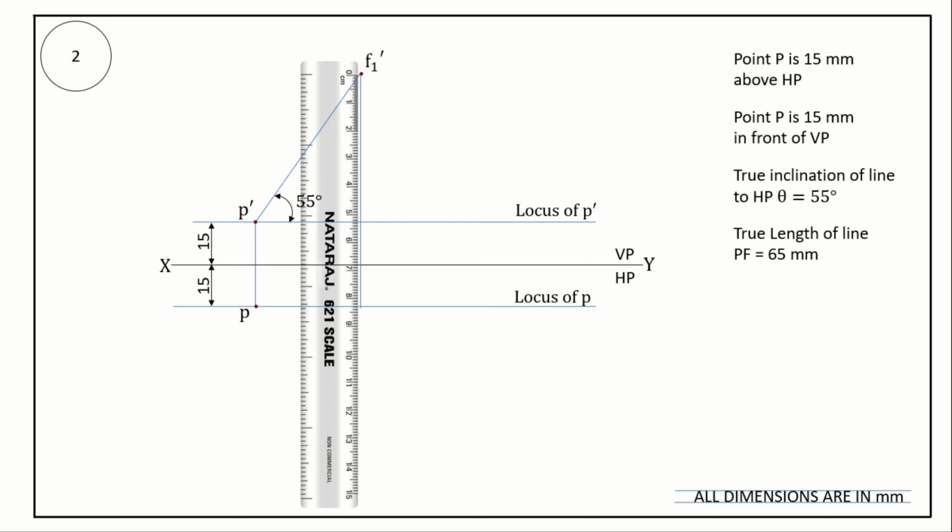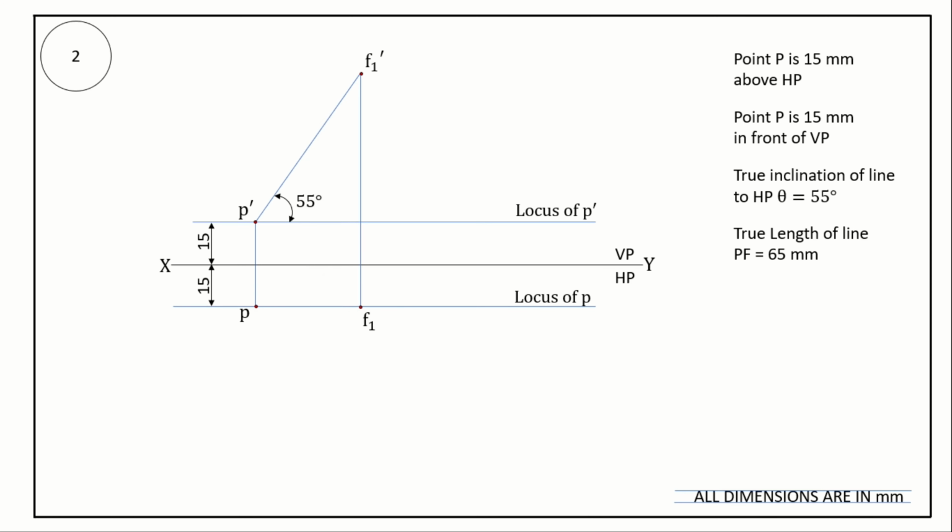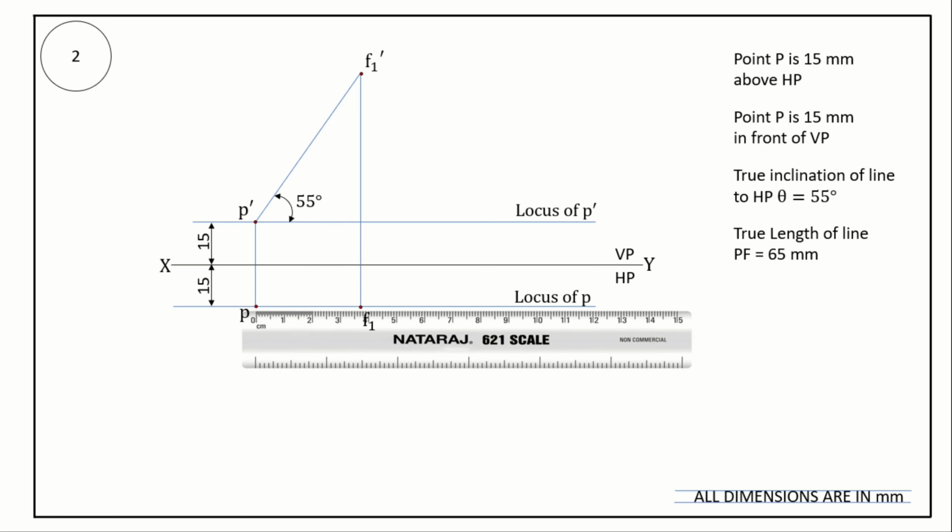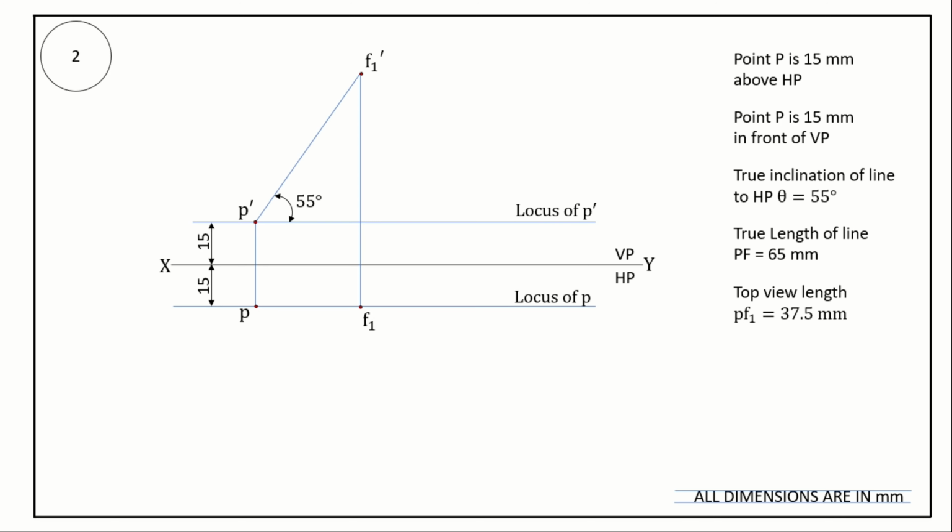This line cuts the locus of P at a point F1. Now measure the length PF1. This top view length PF1 is equal to 37.5 millimeter. Using the true inclination of the line to HP and the true length of 65 millimeter, I have found the top view length PF1 equal to 37.5 millimeter.